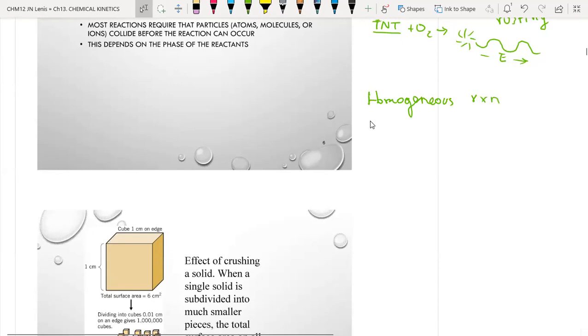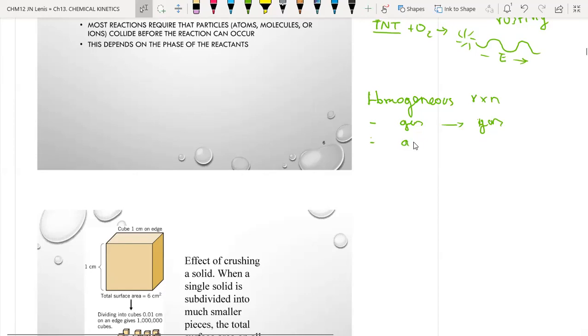We have two situations for homogeneous reactions. Gases, so reactants are gases and forming products that are gases. Gas making gas.